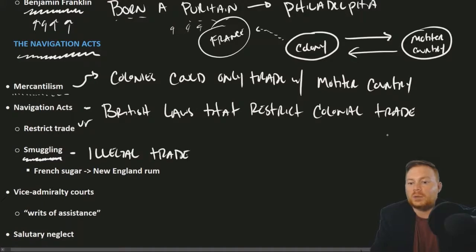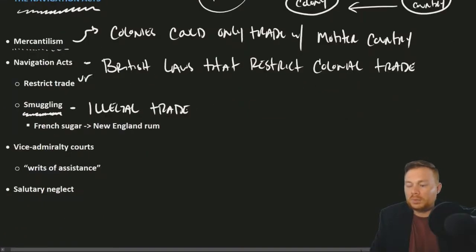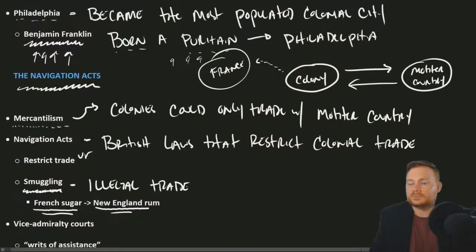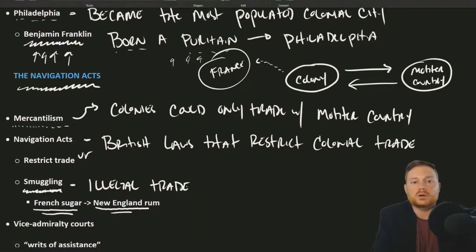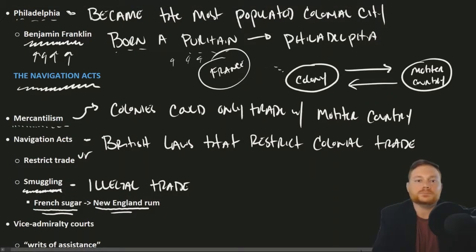And one common avenue of illegal trade was that French sugar bought from places like Haiti was purchased by New Englanders and turned into rum. So if we were going to look at this, actually, this arrow's going the wrong direction, so we'll erase it.